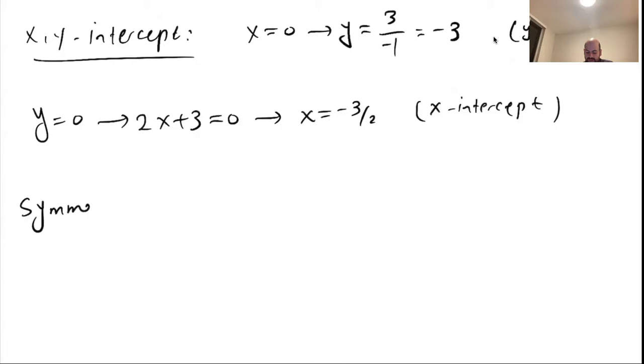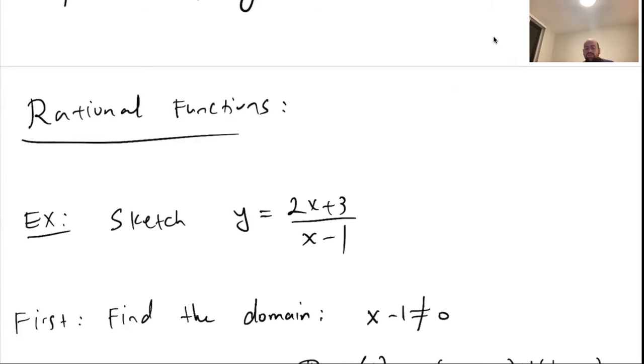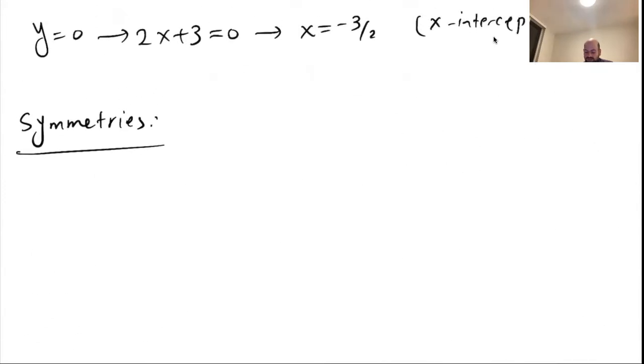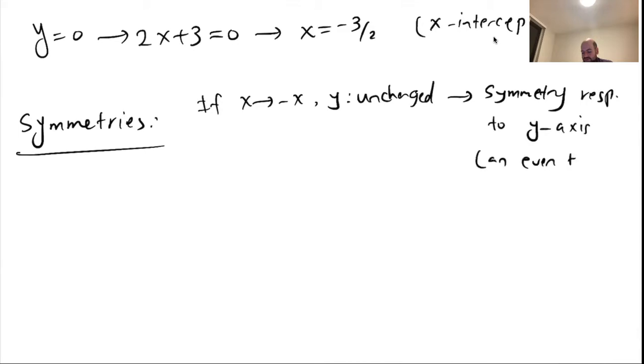Then we need to determine symmetries. Symmetries means you can replace x with minus x and see whether y remains unchanged. So let me write down the recipe. If x goes to minus x and y is unchanged, then that gives symmetry with respect to the y-axis, an even function.